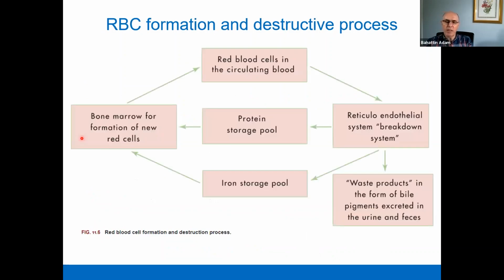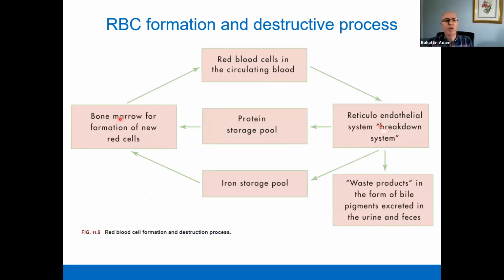Now, this diagram explains what I already shared with you. The red blood cells in the circulation, once they wear out at the end of their life, after 100 days, will break down via the reticuloendothelial system.